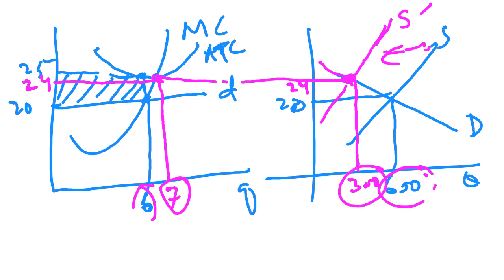So 300 divided by 7 gives you the number of firms. 300 divided by 7 is 42.8, so approximately 43 firms. So see, 57 firms exited the market because of losses.